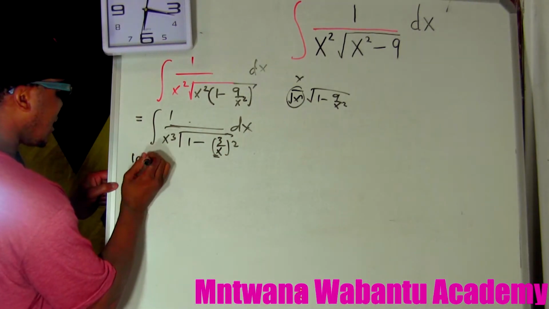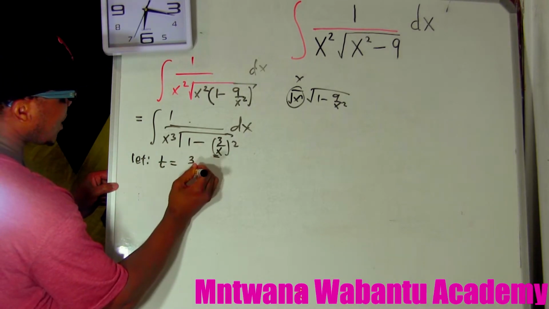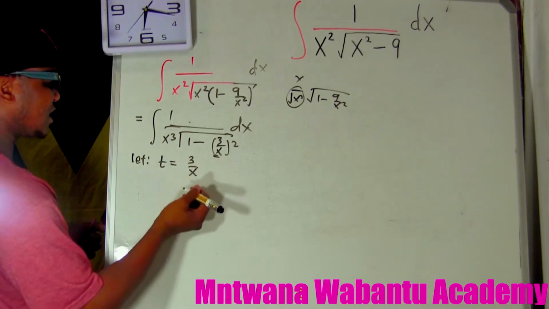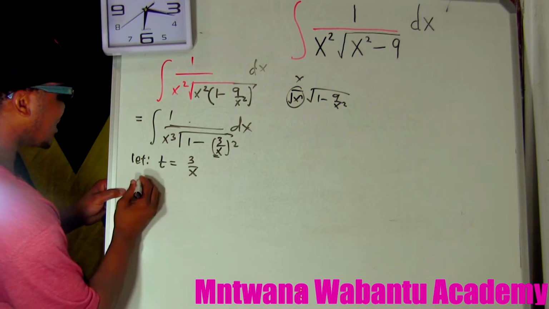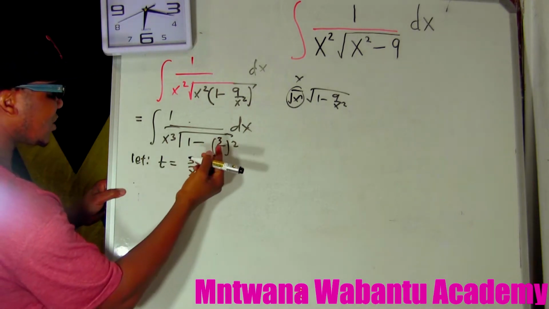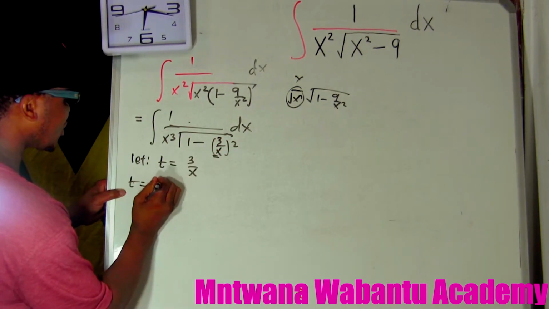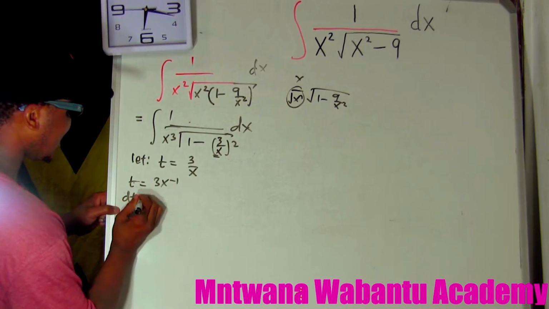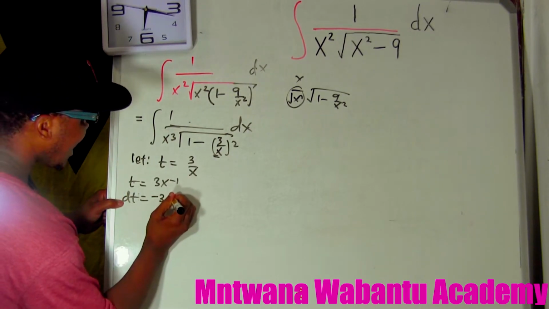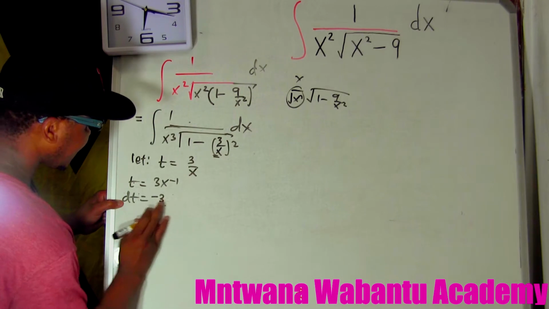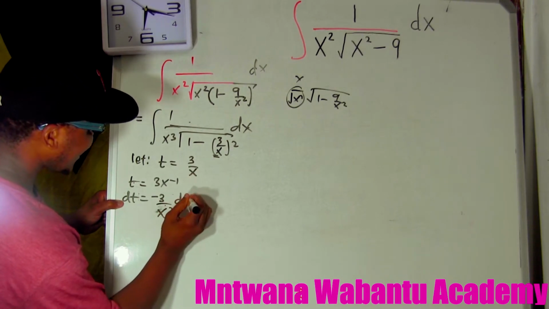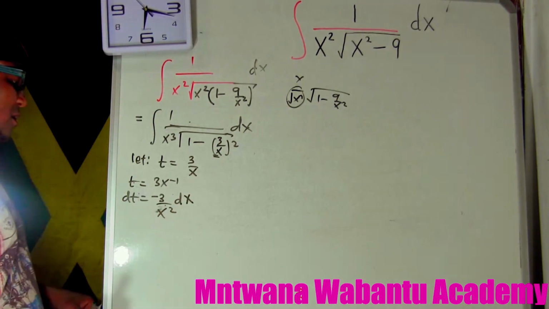So let t equal 3 over x. I want to differentiate. I can take x to the top, so t equals 3x to the negative 1. Differentiating, dt equals negative 3 over x squared dx. See?